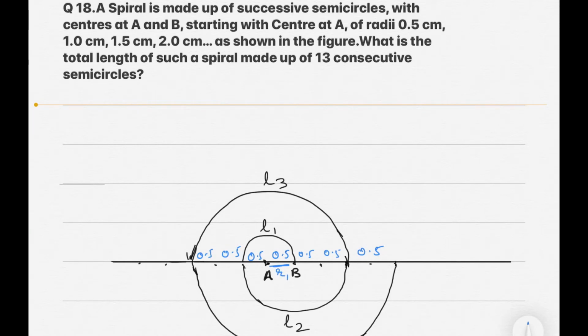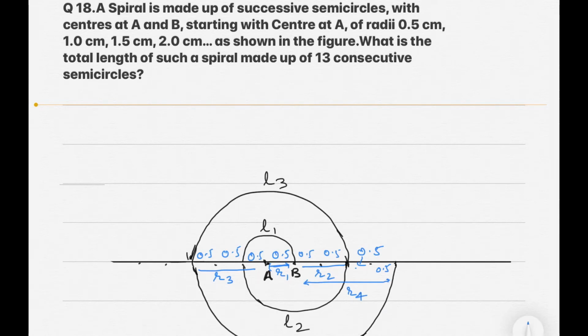Then for the second one, this is my radius R2, from here to here and here to here. Then what do I have? Third radius. So the third radius will be for L3. So this is 1.5. So this will be my R3, correct? So from here to here is my R4. Okay, 2.